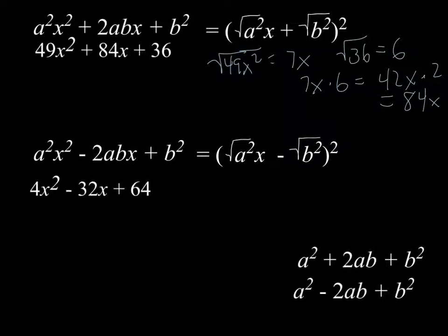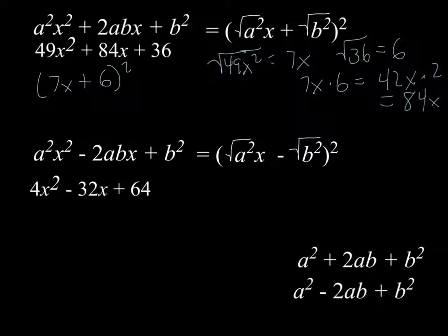And since that is the middle number there, that does match up with this exactly, and that is 2abx, I know I can go straight from this to this. I'm going to factor this to be the square root of the first term, 7x, plus the square root of the last term, and that gets squared.